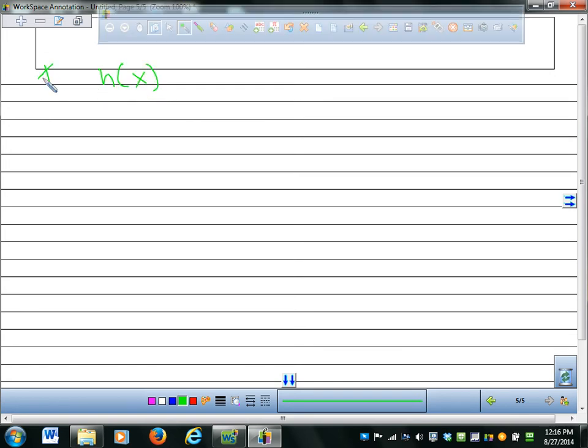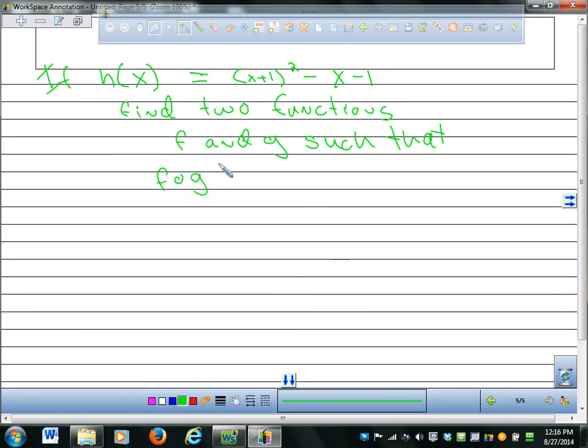If h of x is x plus 1 squared minus x minus 1, then find 2 functions f and g such that f of g of x is equal to h of x.